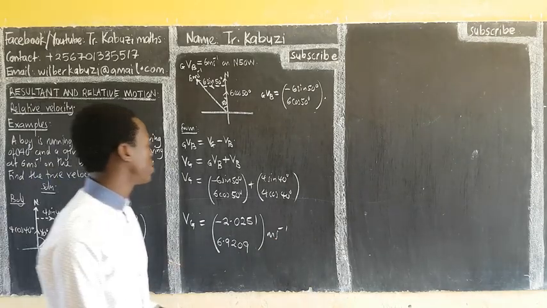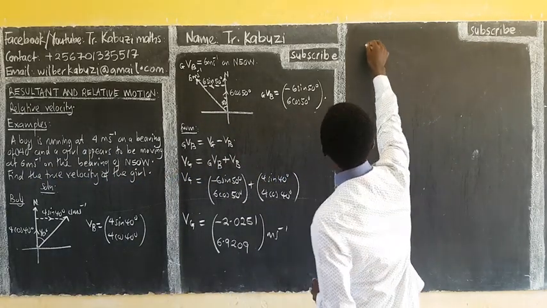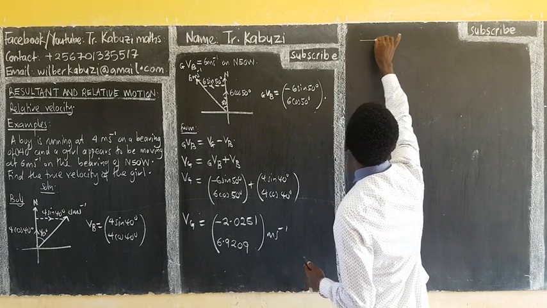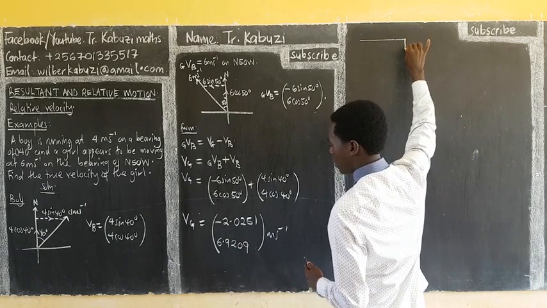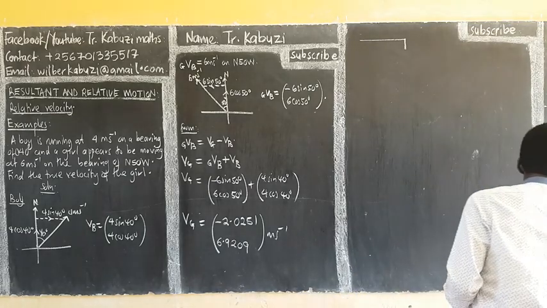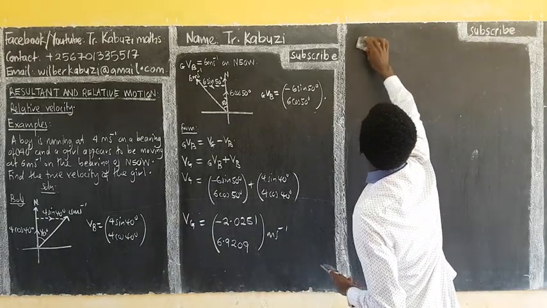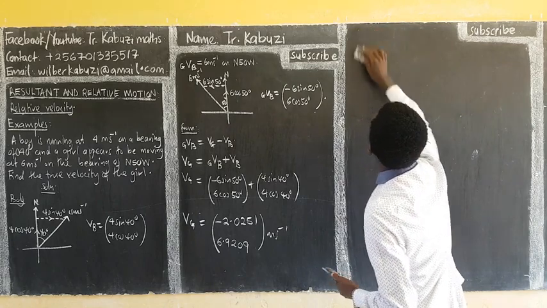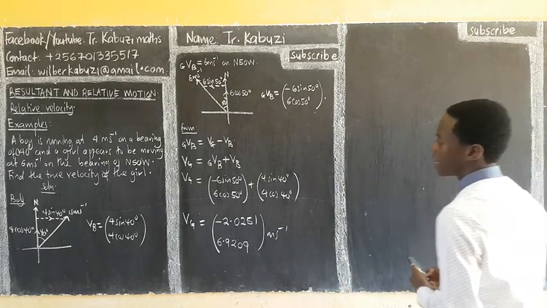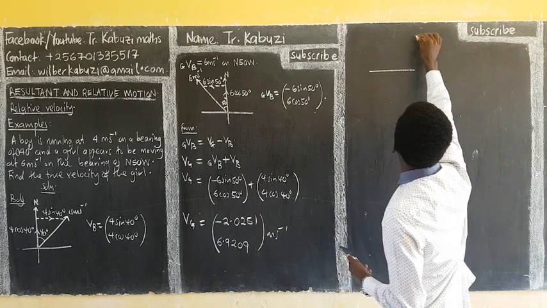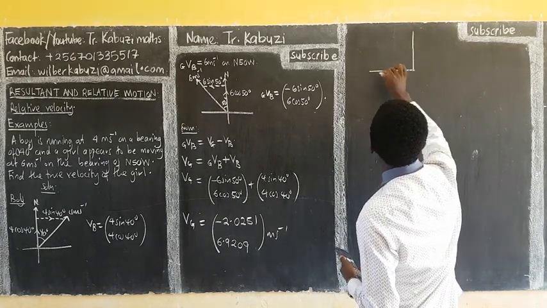Then we get the magnitude. So I think you can see if we try to plot this, now our x is in this direction, then our y is positive. So our x is negative, and our y already is positive.